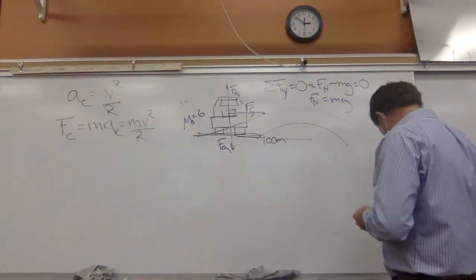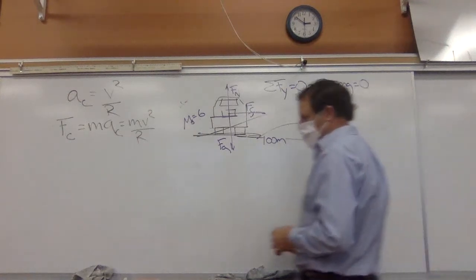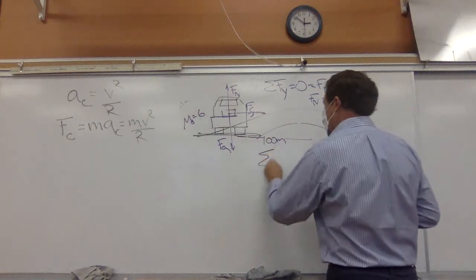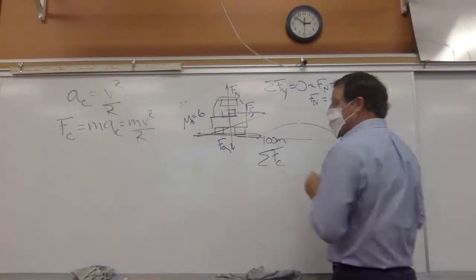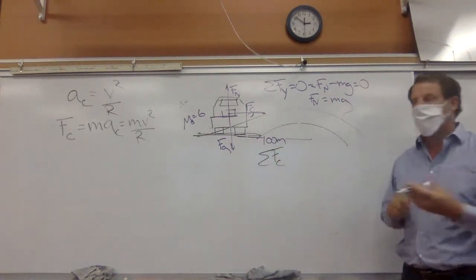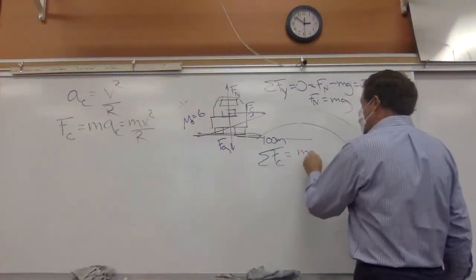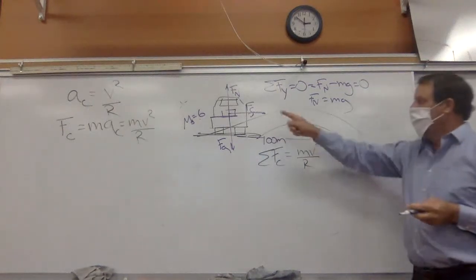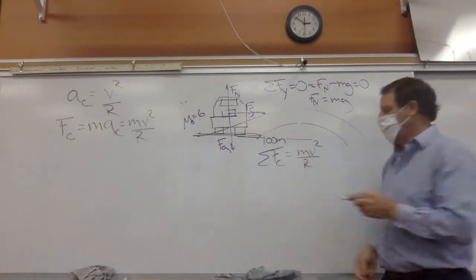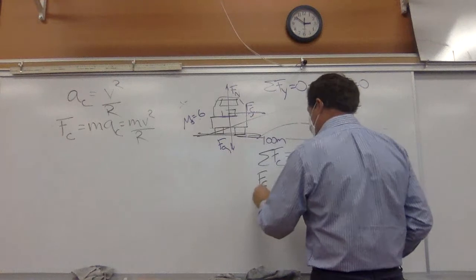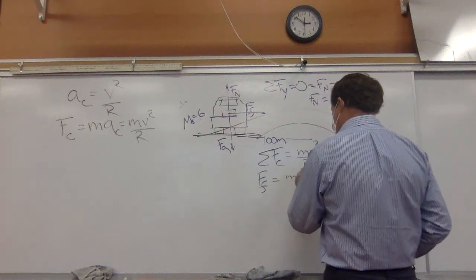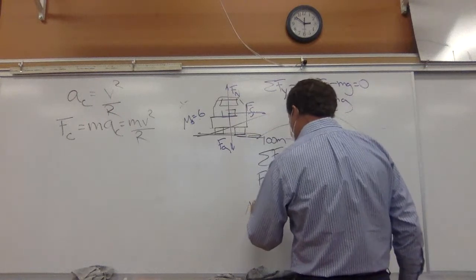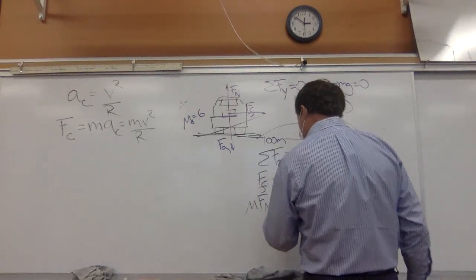And now we are going to do the sum of the forces towards the center, and that is going to equal mv squared over r. Again, the only thing making it go towards the center is the force of friction, and we know that force of friction is mu times the normal force.